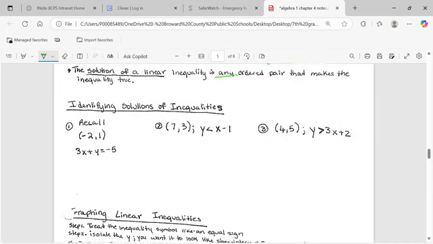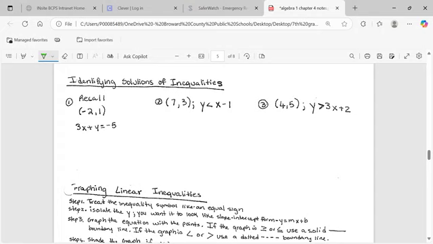So if you can recall, if I wanted to find out if a coordinate was on a line, I would take the actual coordinate and substitute it. If it was true, it would be a part of the line. And if it was not true, then it wouldn't be a part of the line. So remember, every coordinate comes with an x and a y. I'm just going to substitute the x in for x and the y in for y.